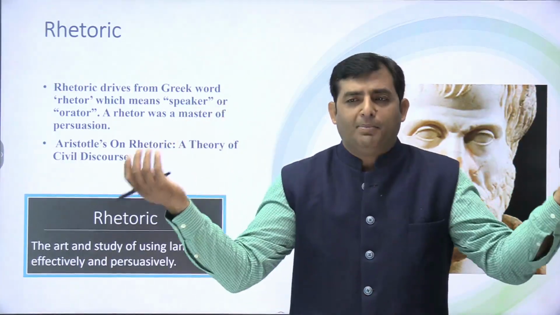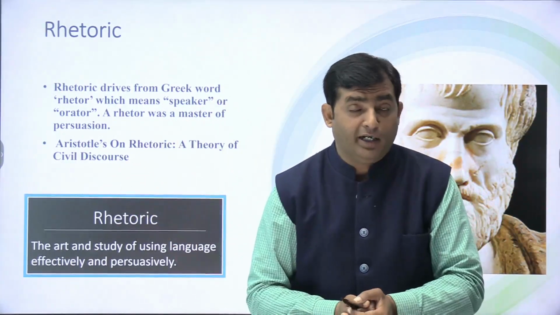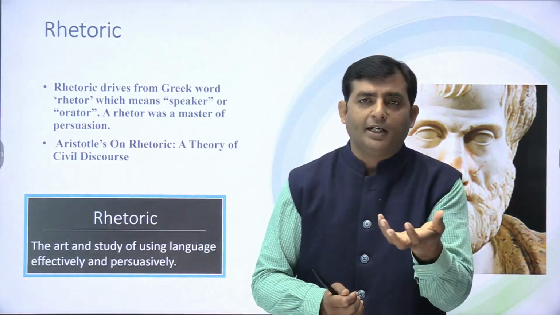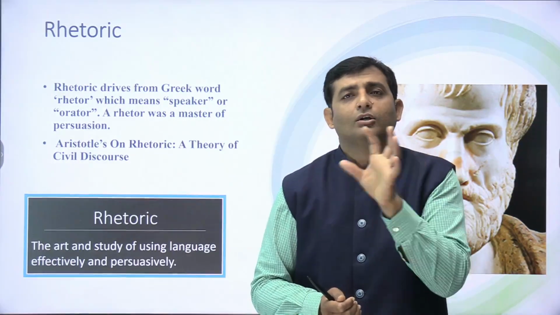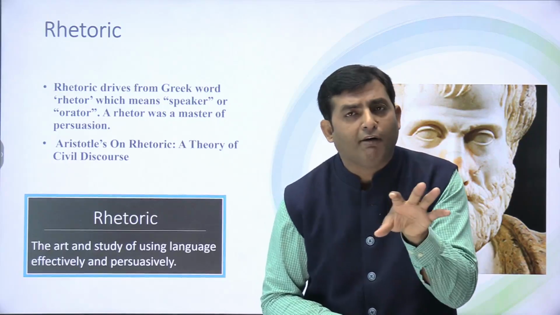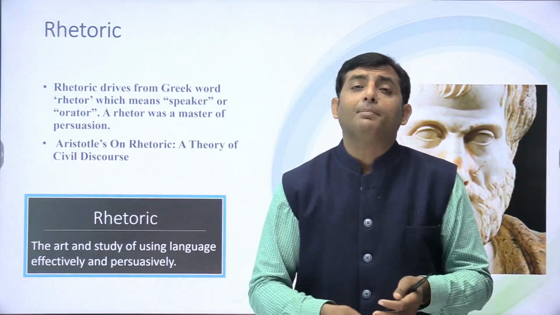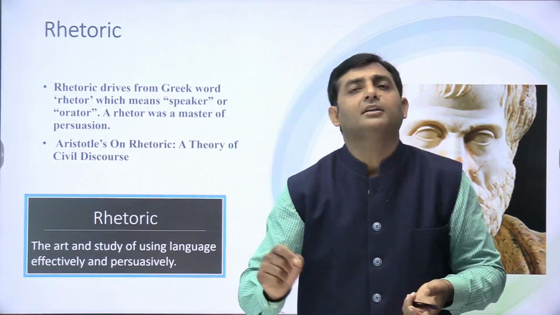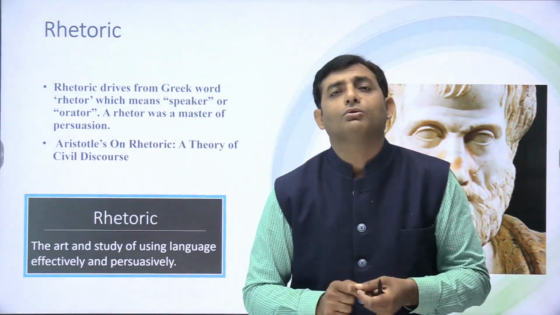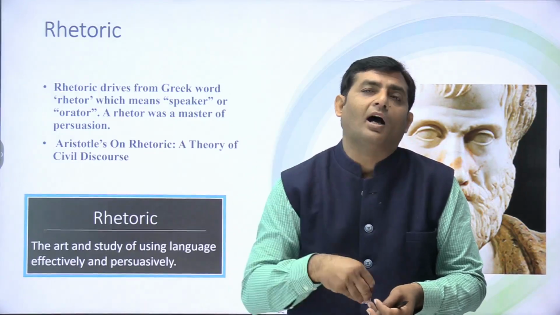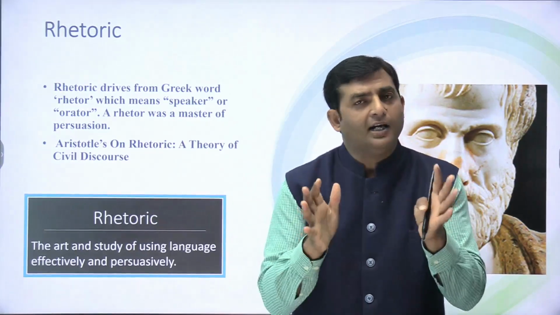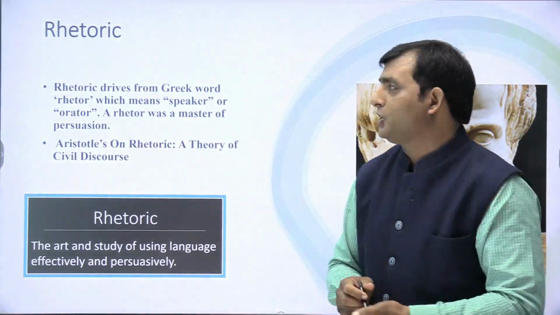Leaders like our Prime Minister Narendra Modi, he is a great orator. So he uses the art of rhetoric in his speech. In the same way, when people started composition, when they started writing, they used those formulas in their writing. That is called figure of speech.